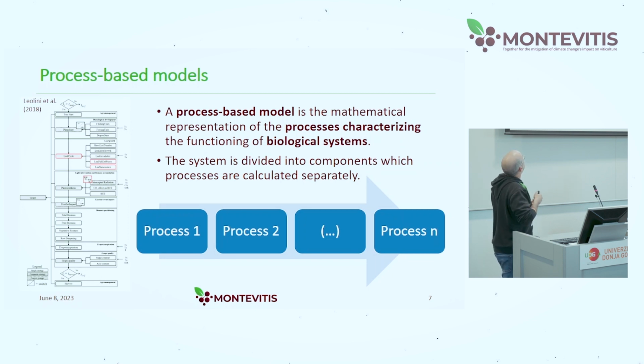For example, here we have a block or a group of parameters that are related to the phenology, another to the leaf growth, the biomass partitioning, and so on. Every time we are connecting the different processes, one after the other or in parallel.